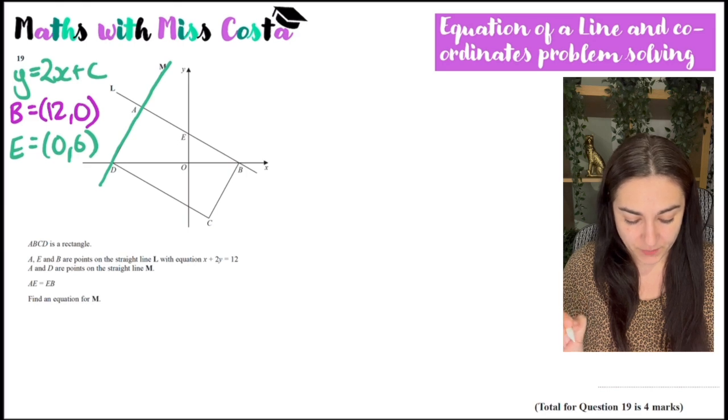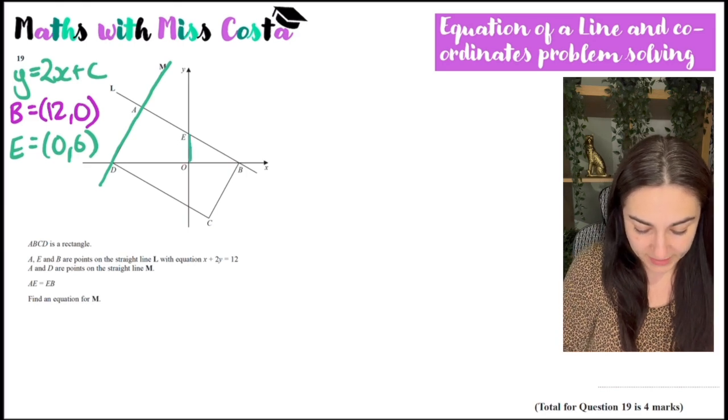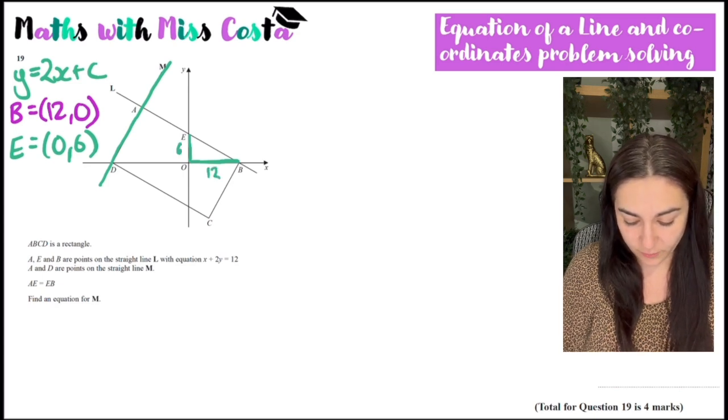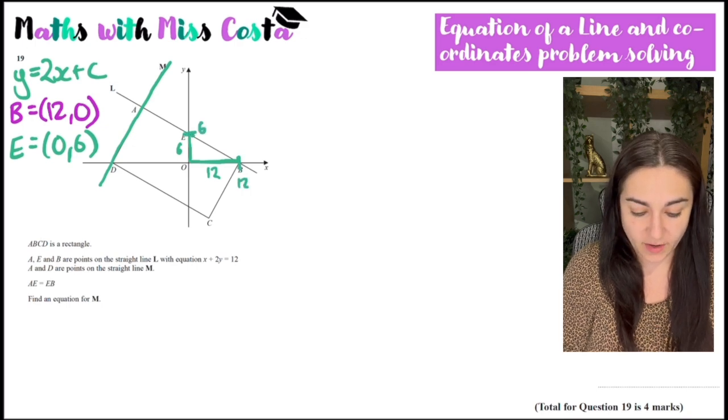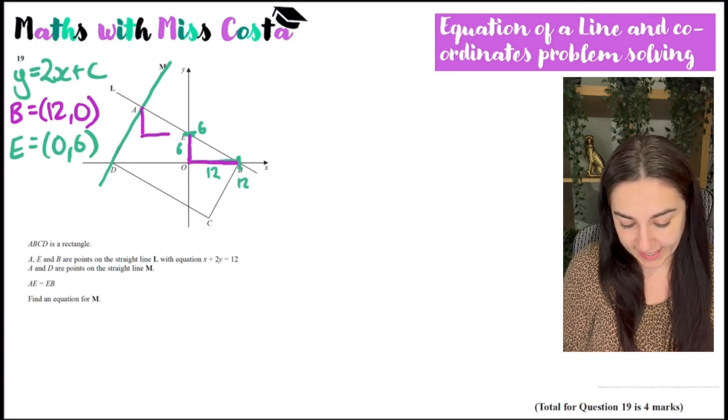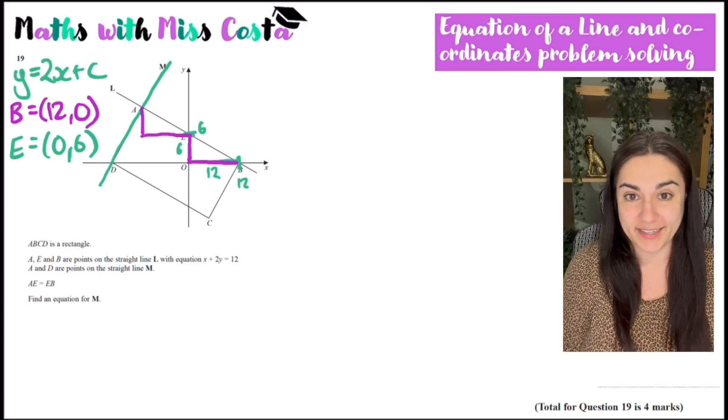I now know that the distance from here to there, the y distance is 6 and the x distance is 12, because this coordinate here is 12 and this coordinate here is 6. I also know that this is the midpoint, therefore exactly the same distance is going to take place over here.